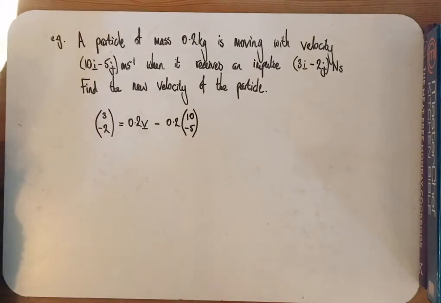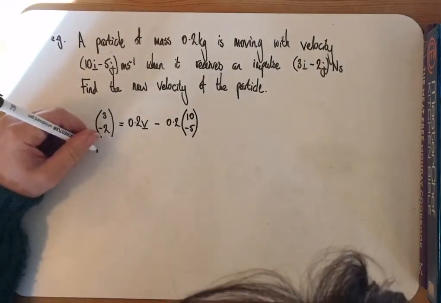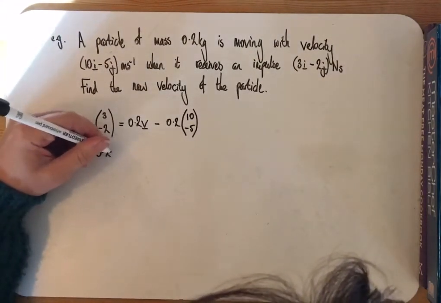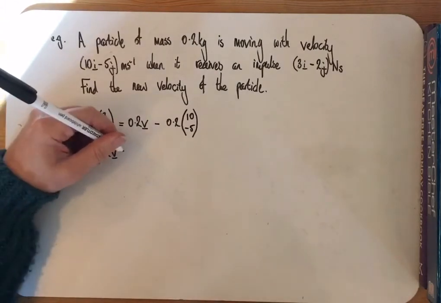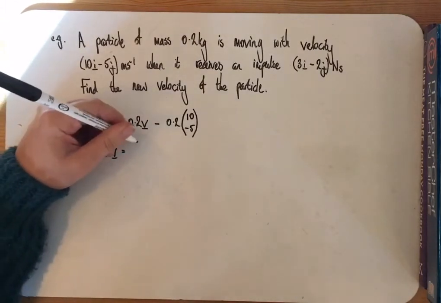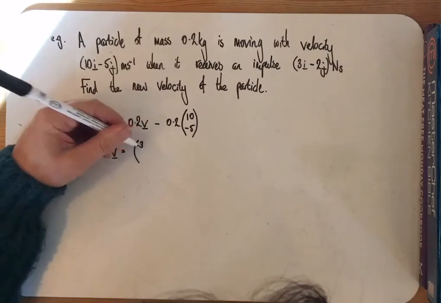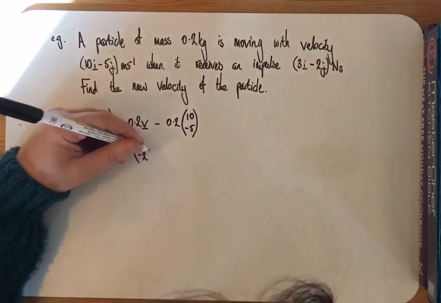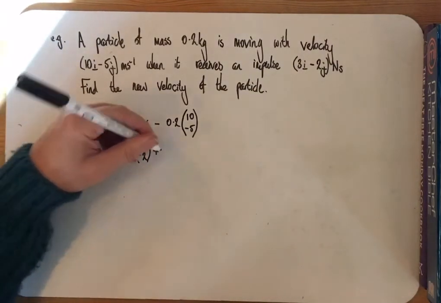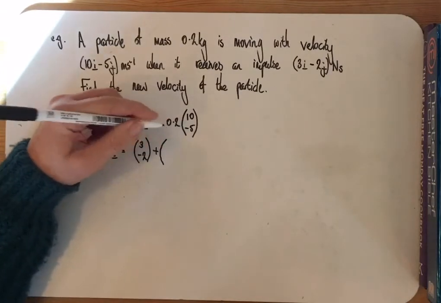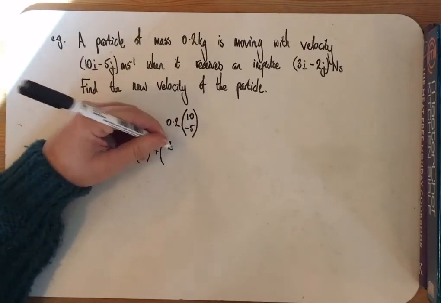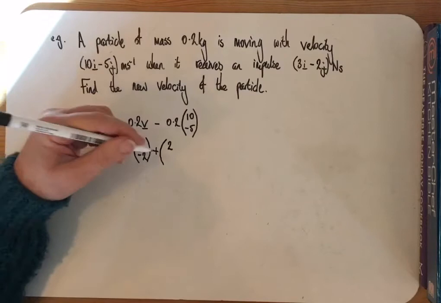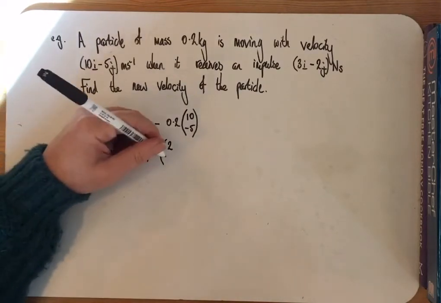That gives us 0.2 v is equal to (3, -2) plus 0.2 times 10 is 2, and 0.2 times minus 5 is minus 1.